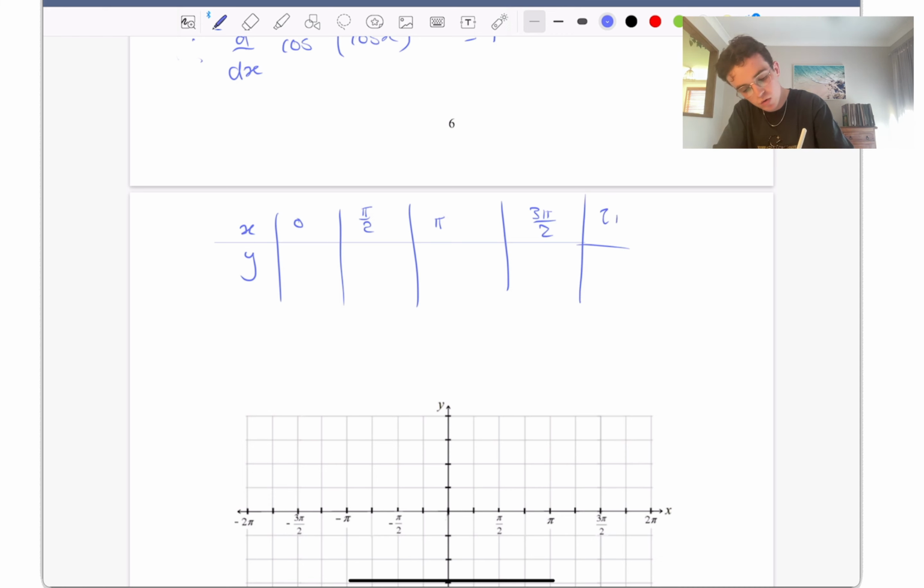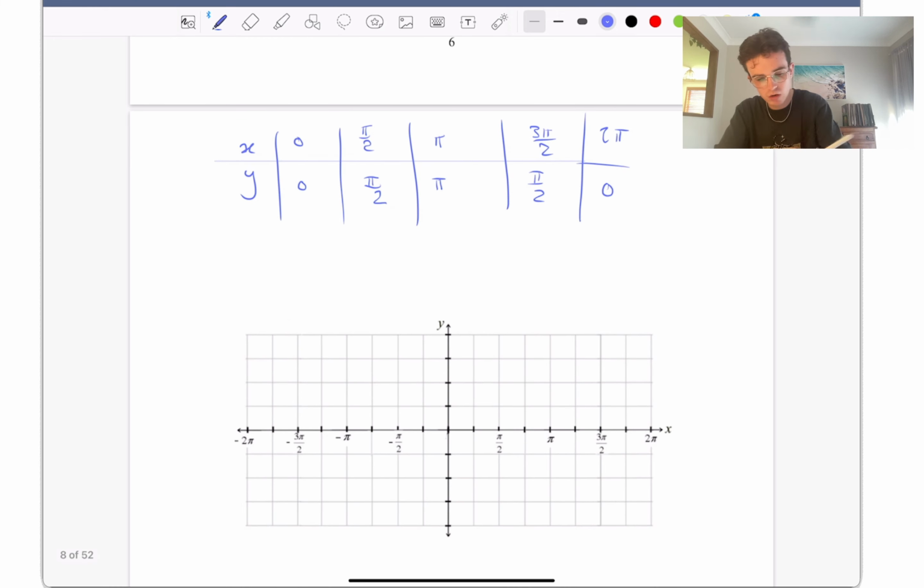Those are really our critical points on any trig graph. Substituting 0, you get 0. Pi on 2, you get pi on 2. Pi, you get pi. 3 pi on 2, you get pi on 2. And 2 pi, you get 0.